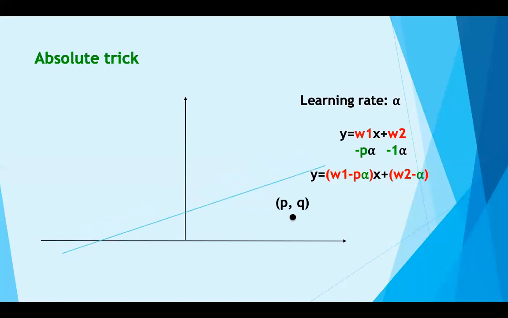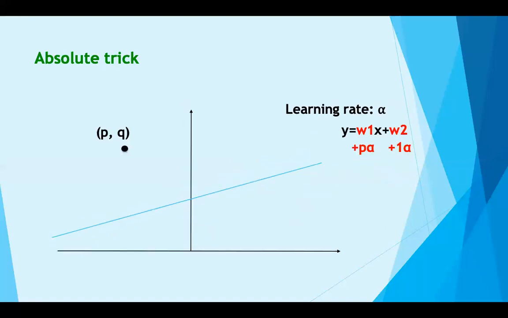When the point is on the left of the y-axis, we will do the same thing. We'll add 1 alpha to the y-intercept, because you need the line to move up. But the fact is we are adding P alpha to the slope, and because P is now a negative number, our line now rotates in the opposite direction like this.